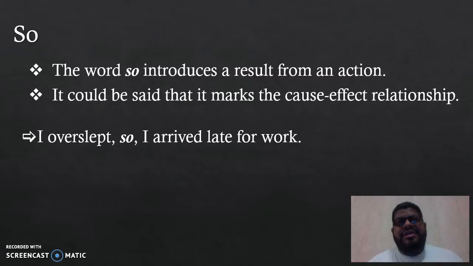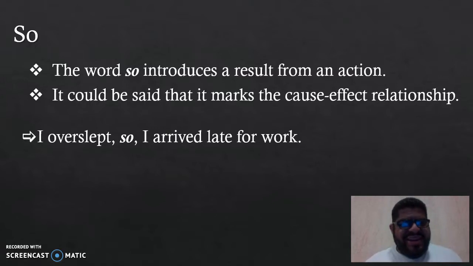And 6:30, 7 o'clock, 7:30, almost 8 o'clock, you wake up and get up and say, oh my God, it's late. Well, I overslept. That means you slept past your usual sleeping time. So, since you overslept, well, you arrived late for work because you slept more than you usually do.